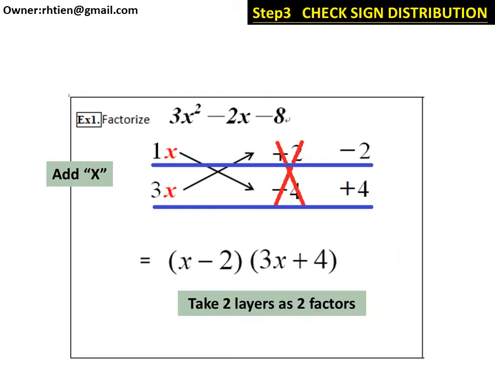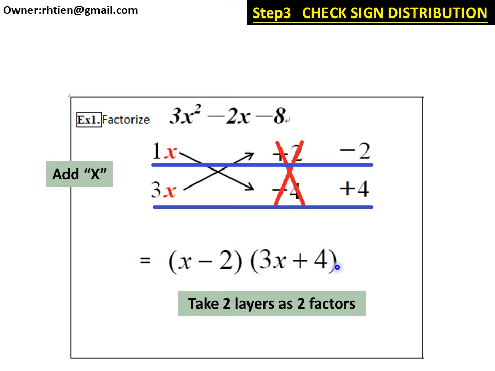And then we need to add x on the leading coefficients. 1 add x as 1x, 3x. And we draw 2 on the line. We get 2 factors, x minus 2, 3x plus 4. And all we need to do is write 2 sets of parentheses multiplied together.